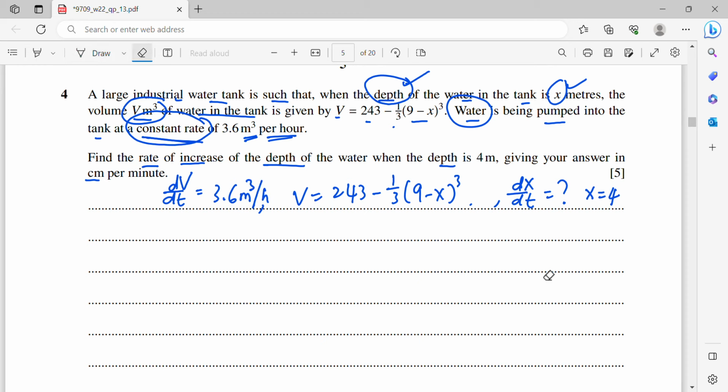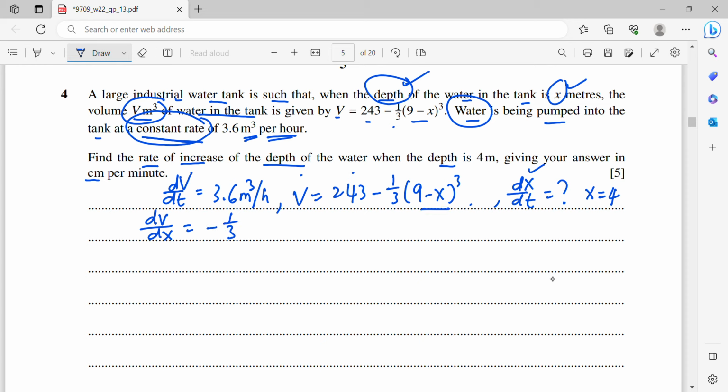So first of all, to solve this question, you need to apply the chain rule, because we need to find dx/dt. But before we apply the chain rule, you need to differentiate V. So your dV/dx: differentiate 243, a constant, you get 0. Negative 1 over 3 you remain.